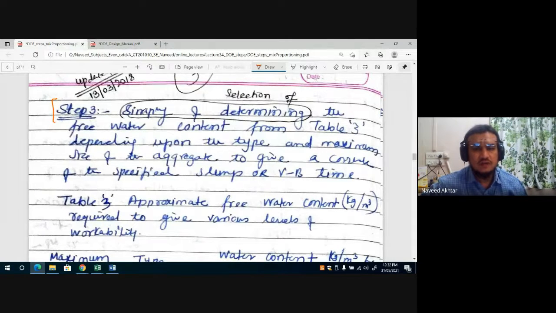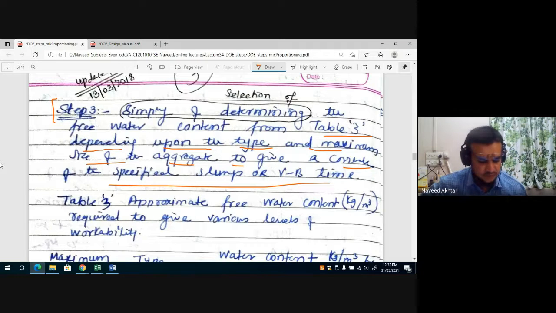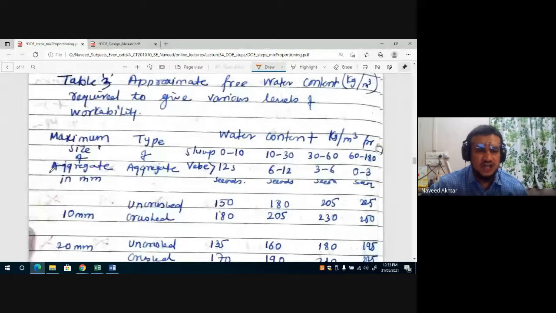Selection of the free water content from table number 3 depending upon the type and maximum size of your aggregate to give a concrete of the specified slump or VB time. So based on slump value, based on the VB time, based on the type or size of aggregate, you can find out the water content.